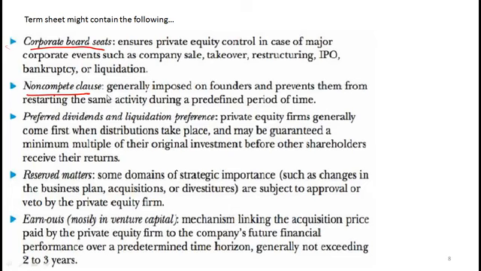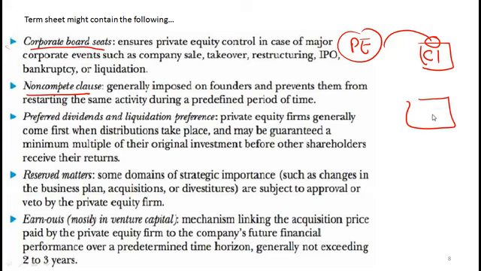Typically, there'll be things like a non-compete clause. So this is imposed on founders. If a private equity firm invests in company one, there will be non-compete clauses where the senior-most people, such as the CEO of C1, can't just jump off and start another competing company.